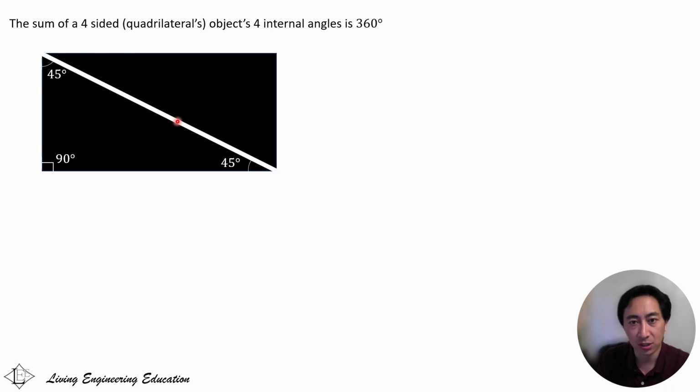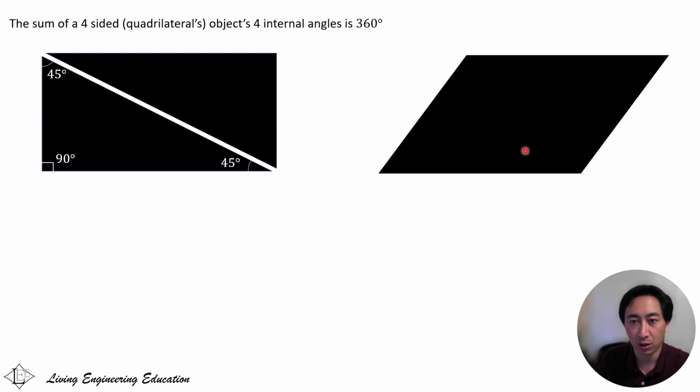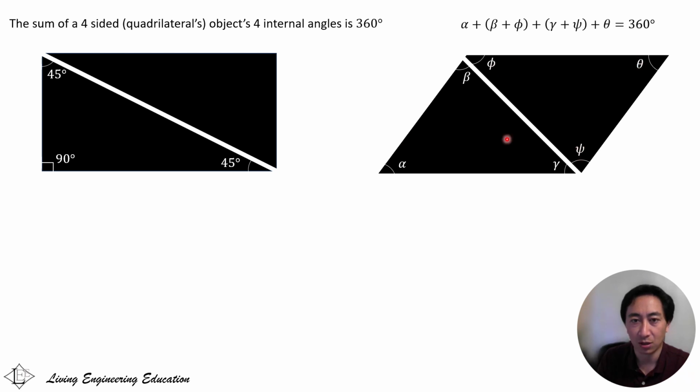Can I generalize it? Let's take a look at a parallelogram. If I split this one, I get 6 internal angles. I know that the sum of all these is going to be the same as my internal angle sum of a quadrilateral, right?